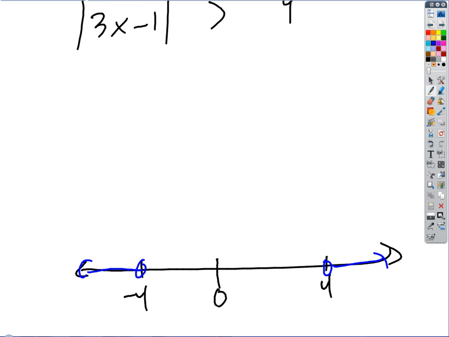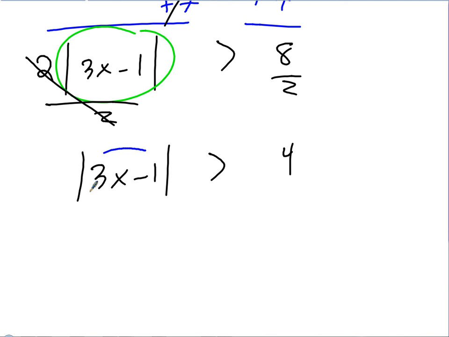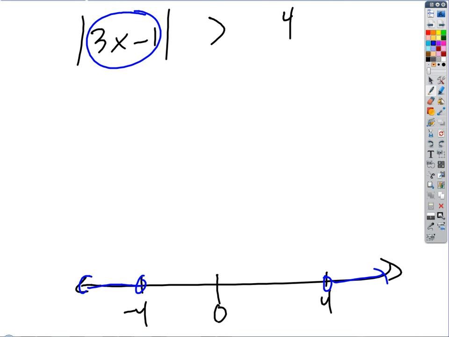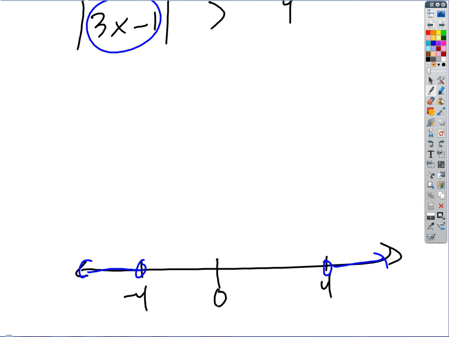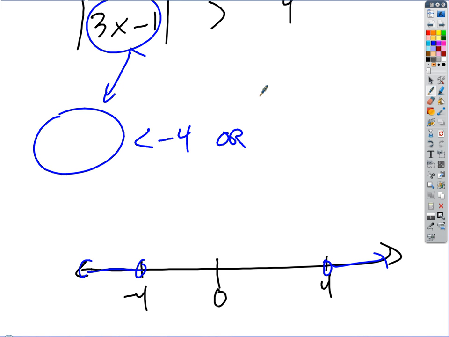So whatever's inside the absolute value has to be what? Well, it's going to be less than -4, or whatever's inside is going to be greater than +4.